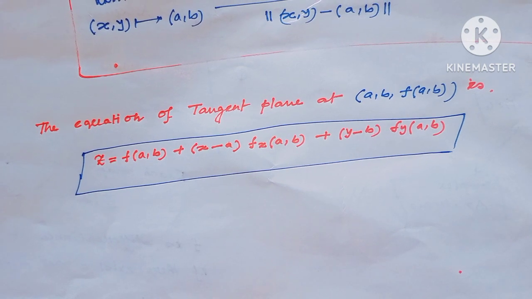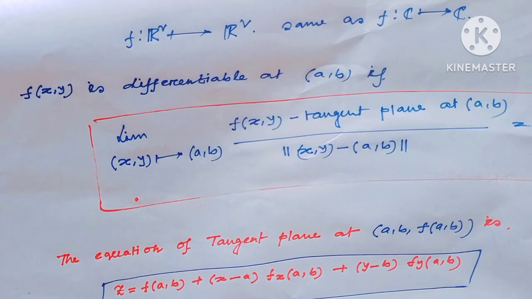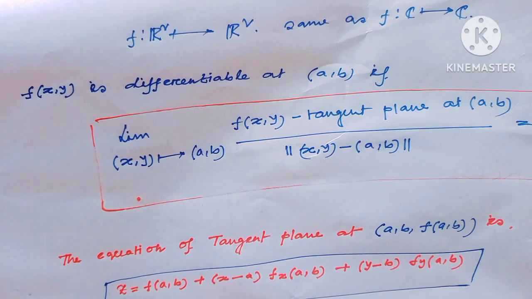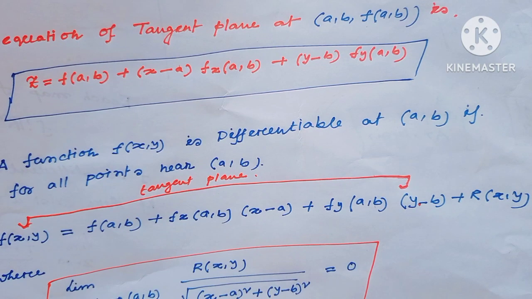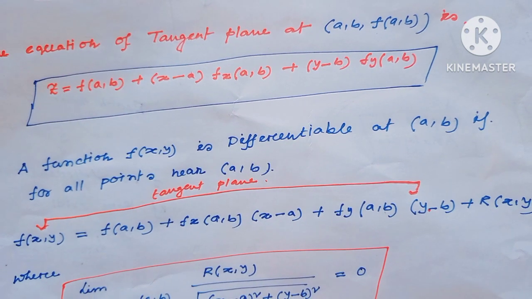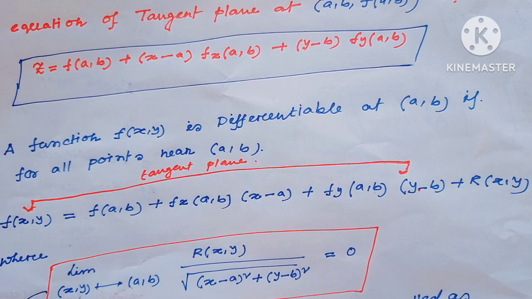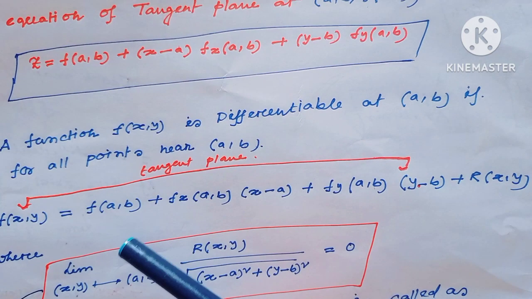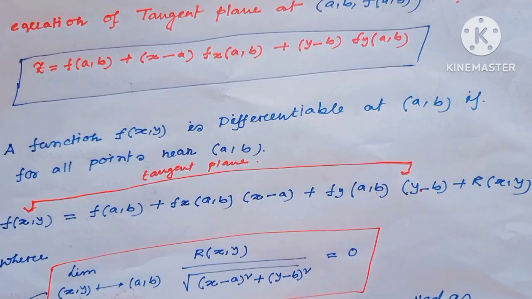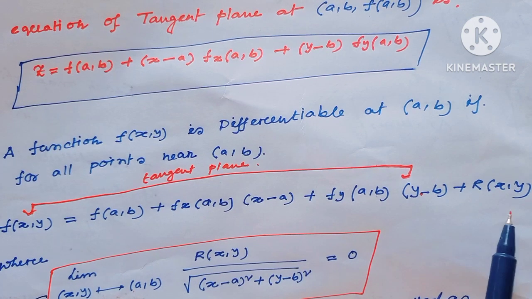We all know this is the equation of the tangent plane at the point (a,b,f(a,b)). That means the tangent plane at the point (a,b) is found just by putting in the values. A function f(x,y) is differentiable at a point (a,b) if for all points near (a,b), f(x,y) equals f(a,b) plus f_x(a,b) times (x minus a) plus f_y(a,b) times (y minus b) plus r(x,y).